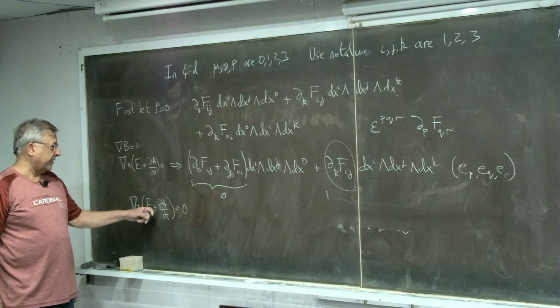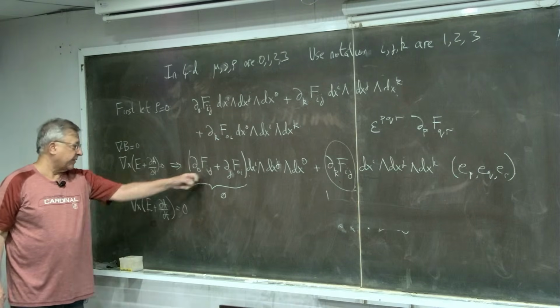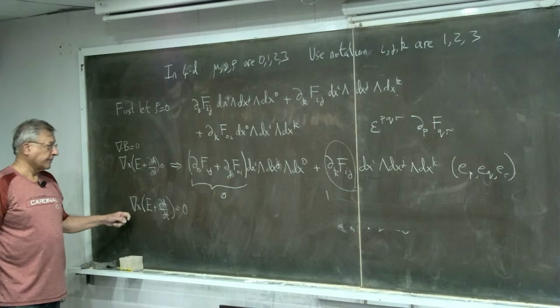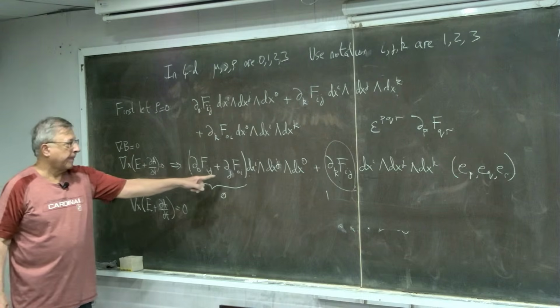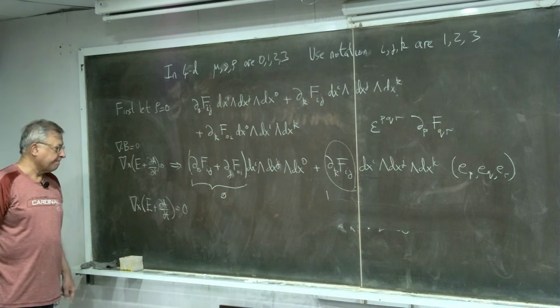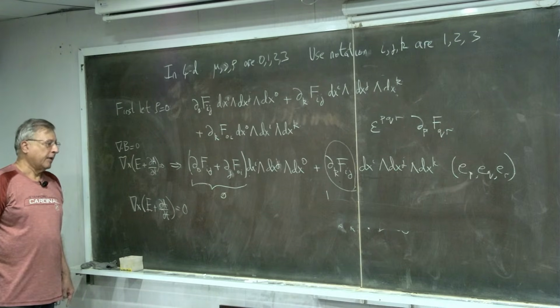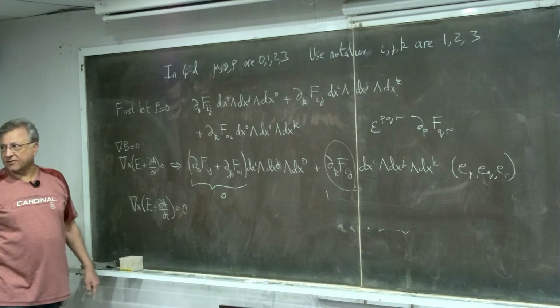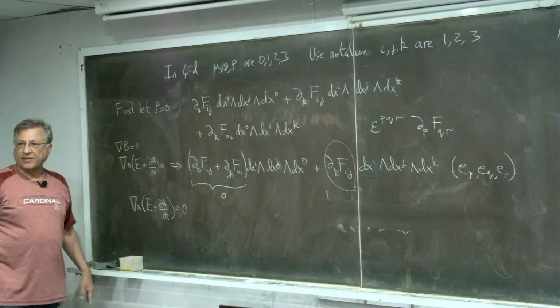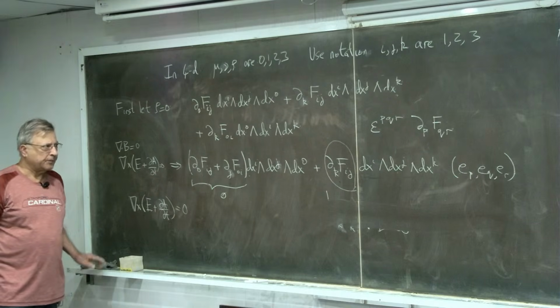So we have a d by dt which is over here, and we have F0i is E, yeah, and so we have exactly that over here also.